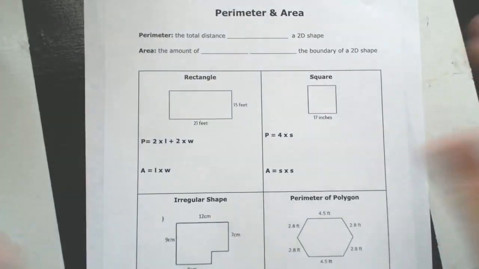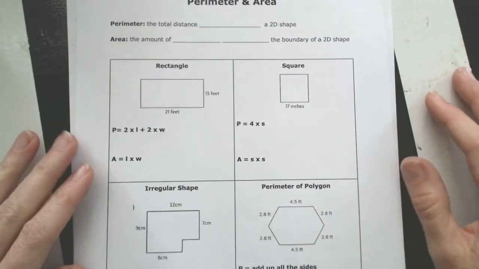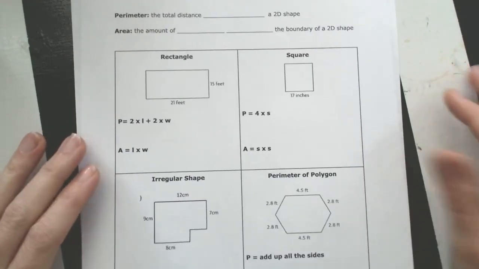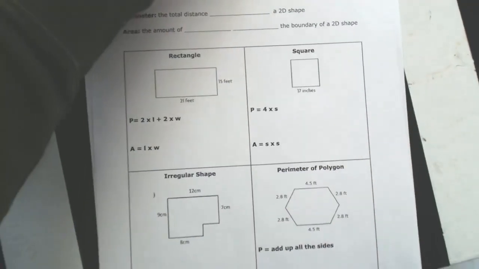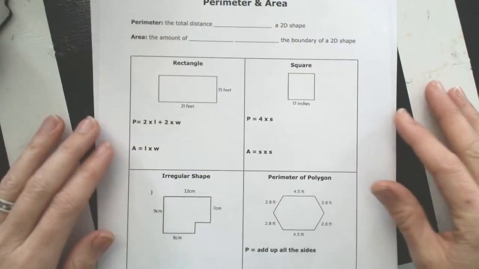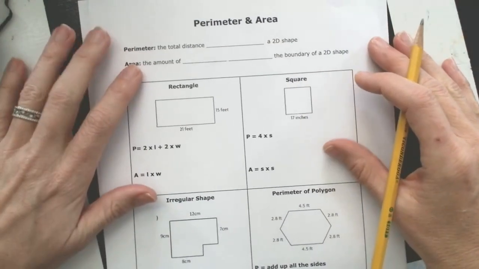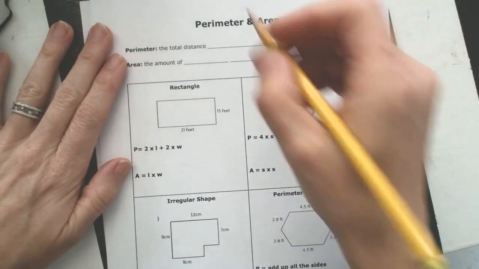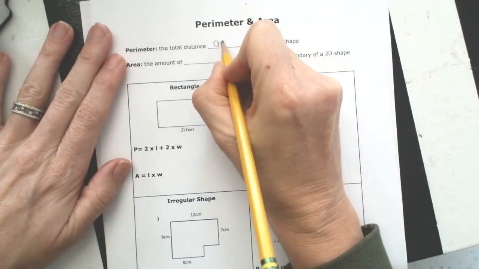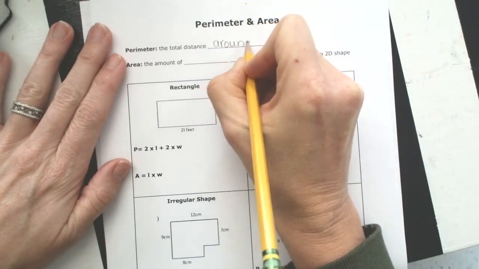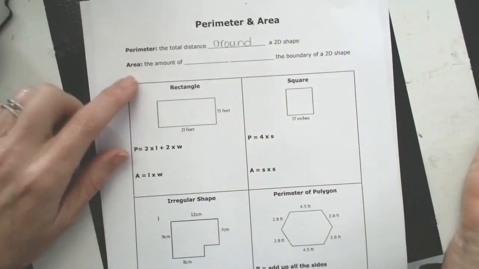Now we're going to look at the different ways it's going to look in fifth grade. So let's start with our definition. Perimeter is the total distance around a 2D shape or polygon.